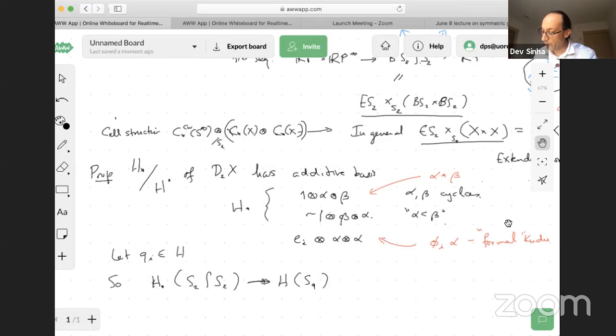And the claim is, let's remember that, let Qi be the non-zero class in Hi of RP infinity. Then we have this Qi star Qj is in fact going to go to Qi Qj.